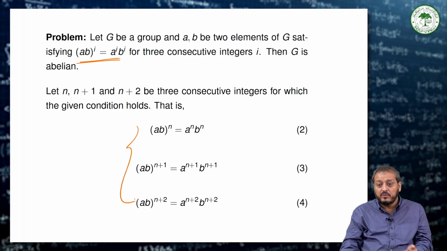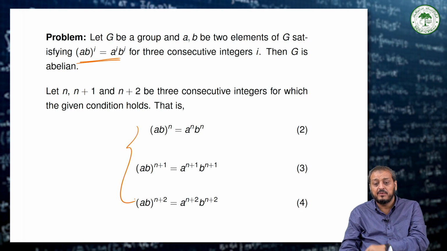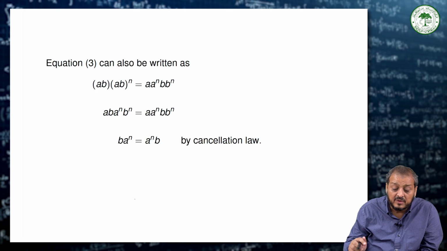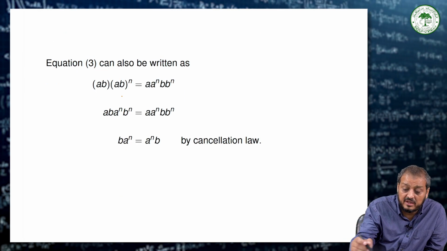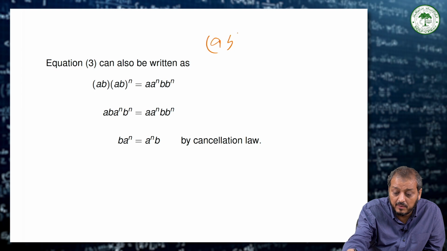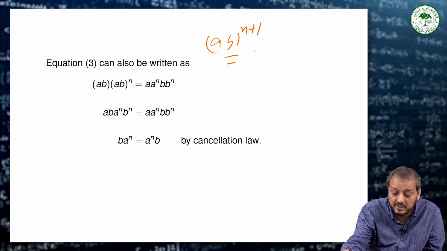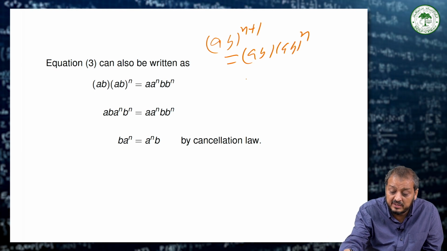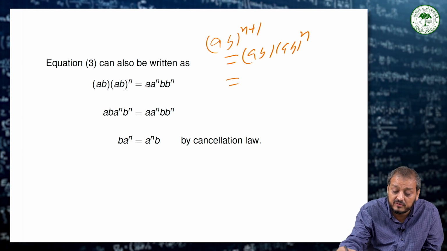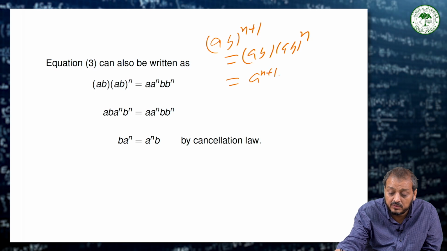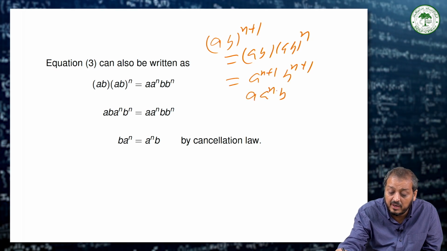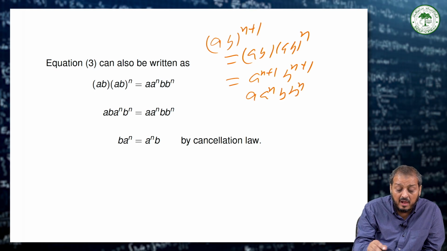So from equation number 3, (ab)^(n+1) = a^(n+1) b^(n+1). Then (ab)^(n+1) can be written as ab(ab)^n, and on the right hand side a^(n+1) b^(n+1) can be written as a a^n b b^n.